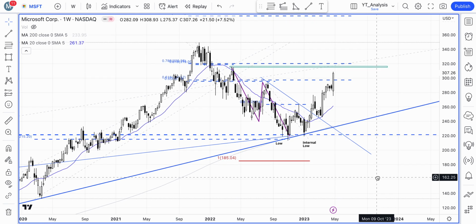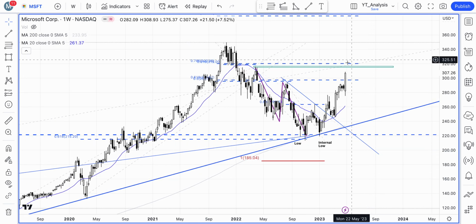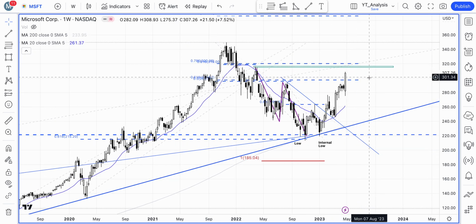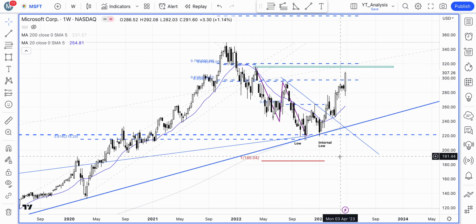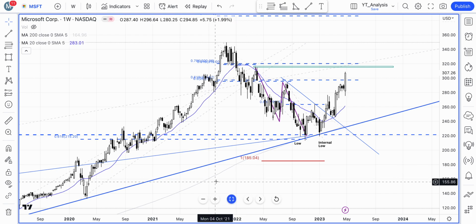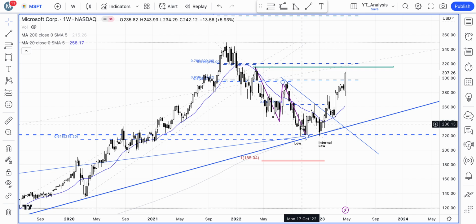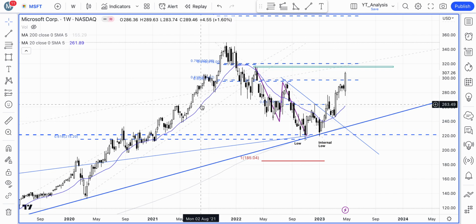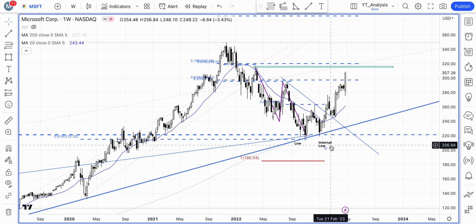So here, in fact, the chart is pretty strong. We have these resistance levels which might act as some sort of pullback, but from a momentum perspective, it's really good, because look, this is the 200-week moving average. I believe this one is the 20-week moving average, which is above the 200.